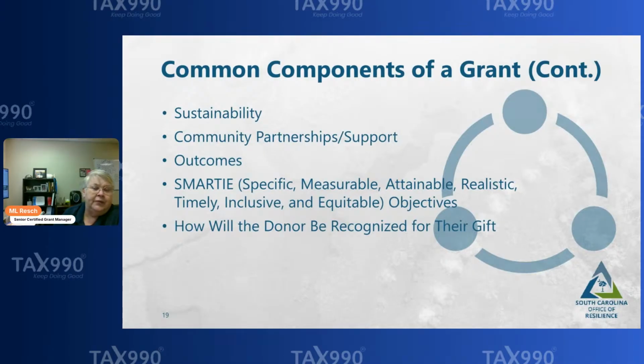Is it, and again, depending on the funder, is it inclusive? How are you going to ensure that all members of the community, we do a lot of work here with a community that does programming for individuals with disabilities. Everything we do, we have to take that into consideration.